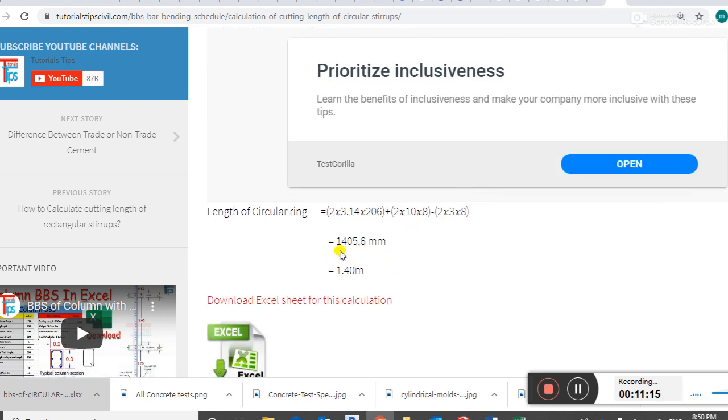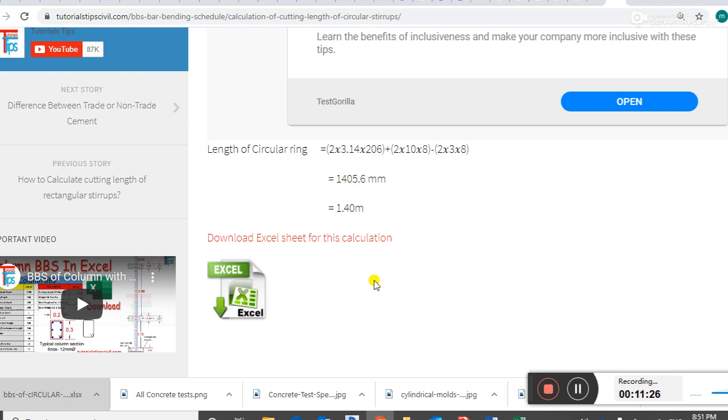This becomes 1405.5 millimeter. Converted to meter, dividing by 1000, it becomes 1.4 meter.